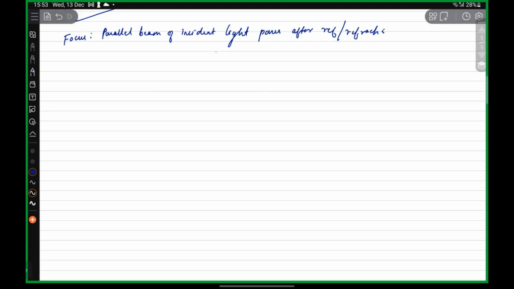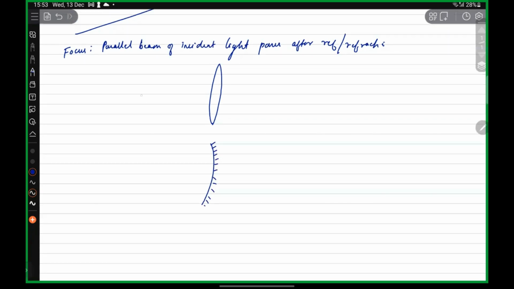Let's take 2 cases, one of a spherical lens and one of a spherical mirror. I'll take a concave mirror and a convex lens. I'll draw this line. This line that passes through the center is known as the principal axis.